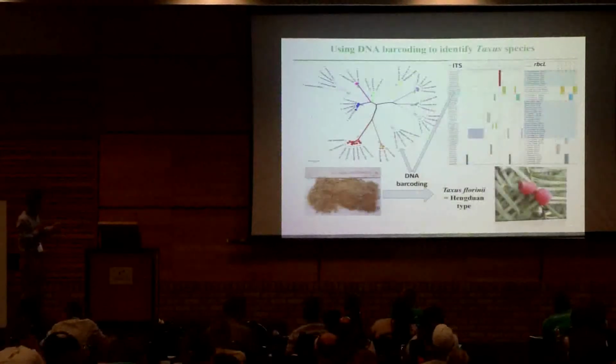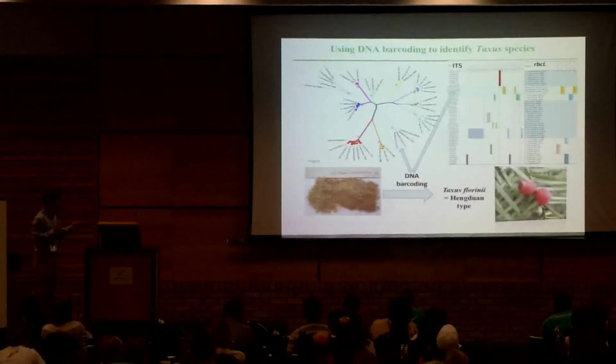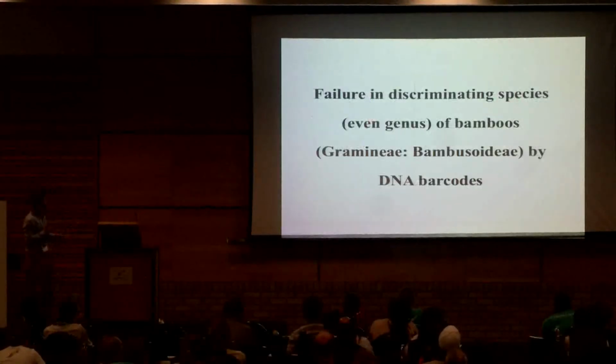And we also managed to identify something like this from the local public security bureau to be a species which is used to be called Hendan type. Actually, it's Taxus florinia.